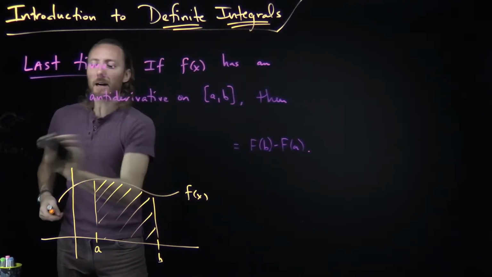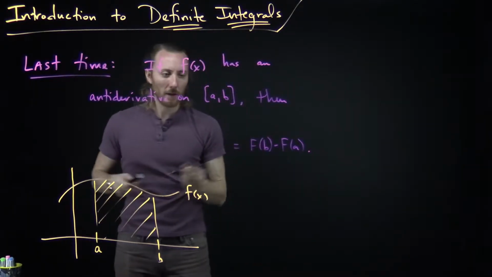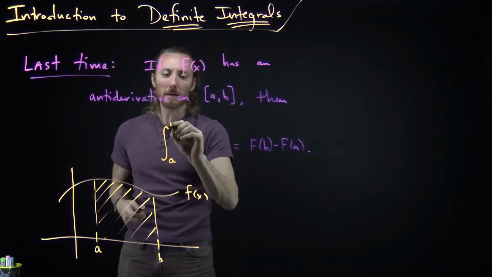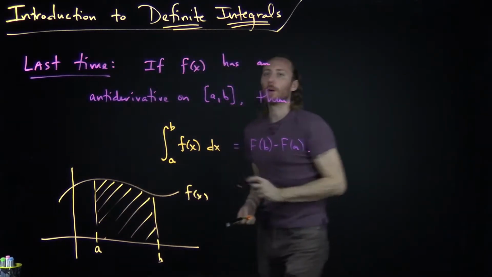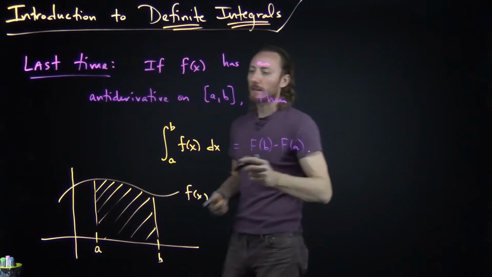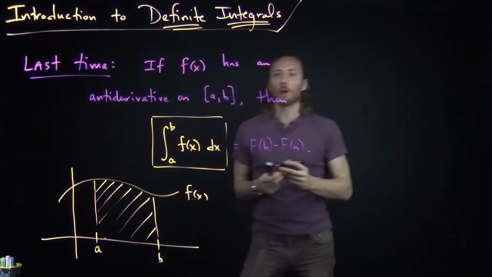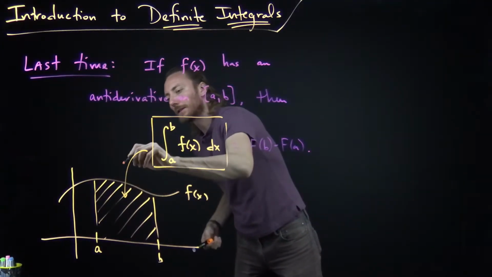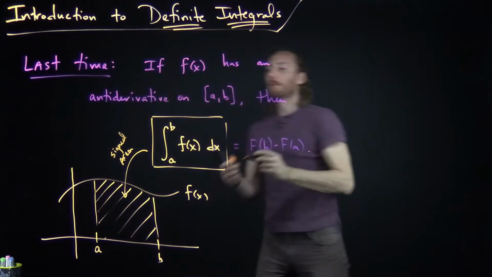It's got to talk about the function f of x, and it's got to utilize the endpoints a and b, but here is the notation for the exact signed area between a function's graph and the horizontal axis on the interval a comma b. So when we see this notation henceforth, we should always be thinking of it as the exact signed area. So it's the area, well, the signed area below.